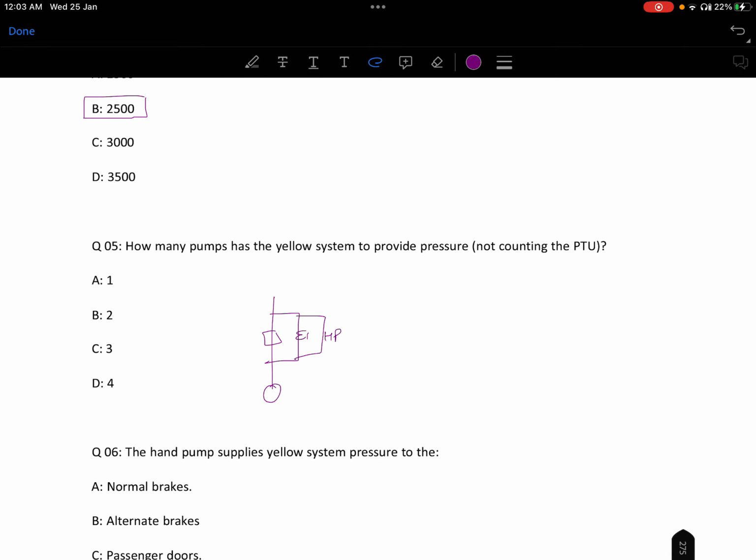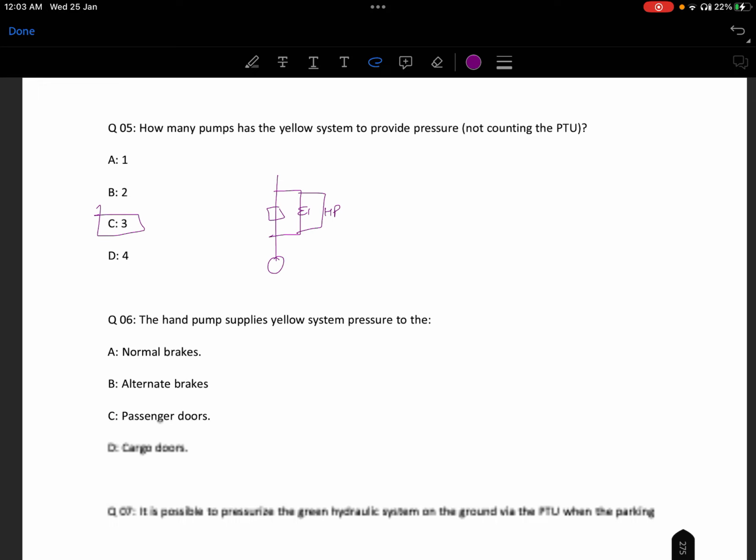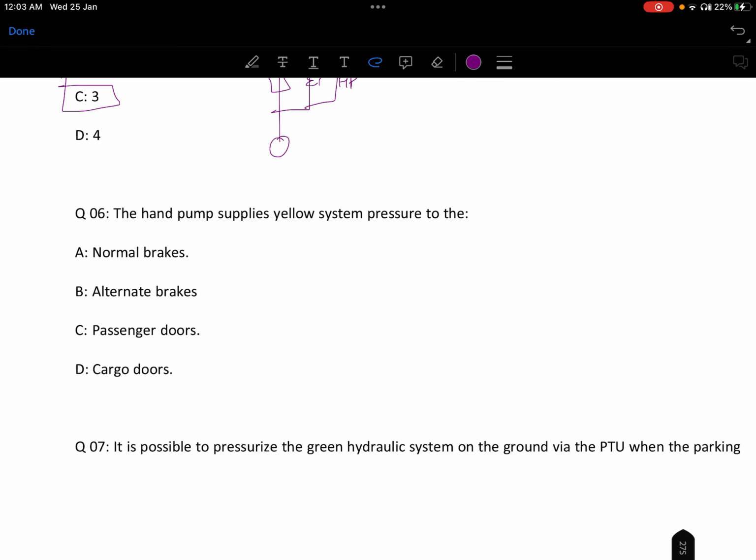So we have three pumps. Option Charlie: the hand pump supplies yellow system pressure to normal braking, alternate brakes, and passenger doors. No, the hand pump can only be used for cargo door operations.